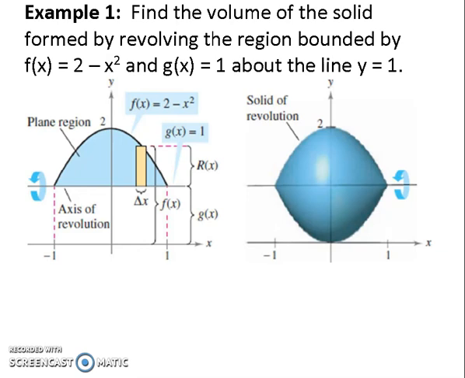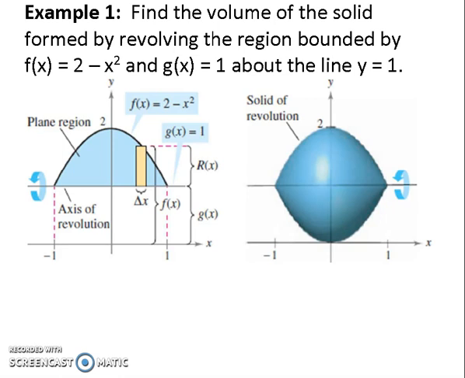Regardless though, because it's formed by rotating our graph 360 degrees, if I was to slice that solid perpendicular to the axis of rotation, then I'm going to end up with a circular cross section. So you're still just integrating pi r squared. The only difference is how we find the length of the radius.